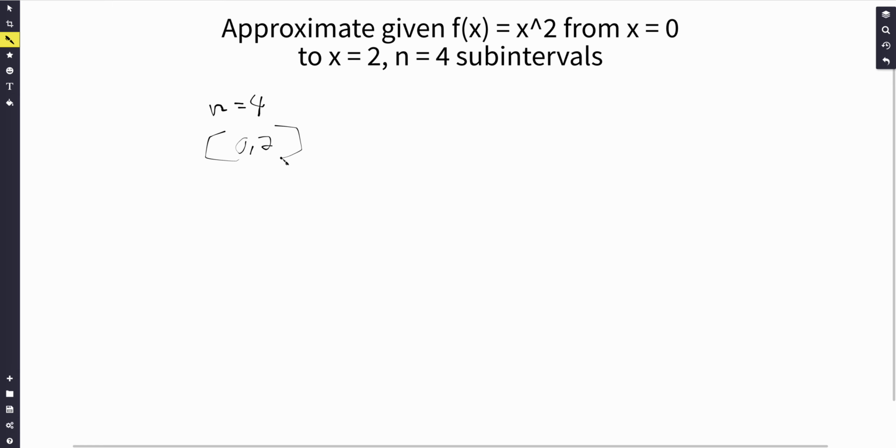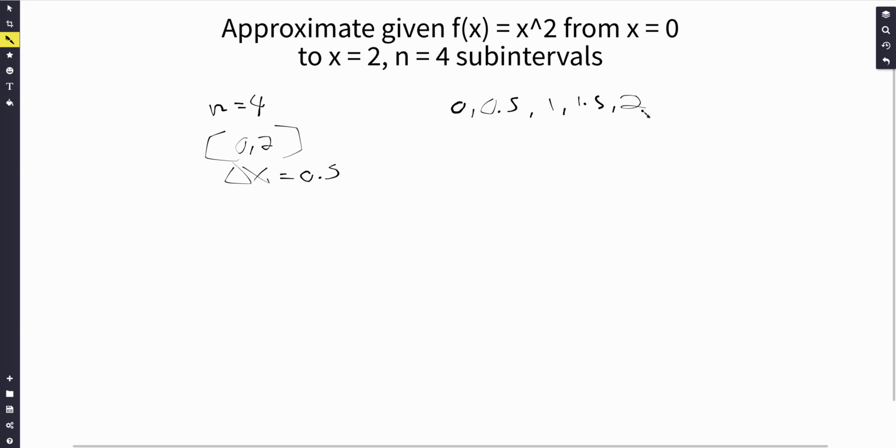And we know delta x is still 0.5. So we have to now find the midpoints. This time we take all the values: 0, 0.5, 1, 1.5, and 2.